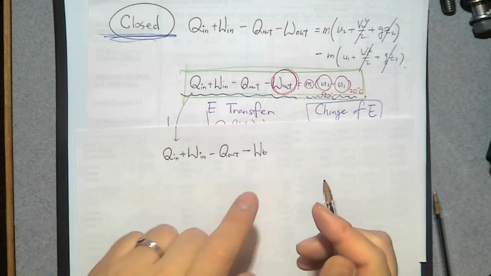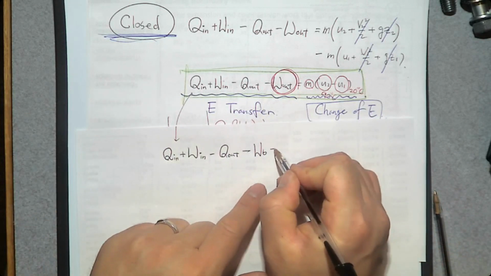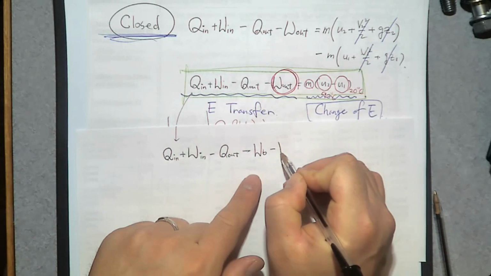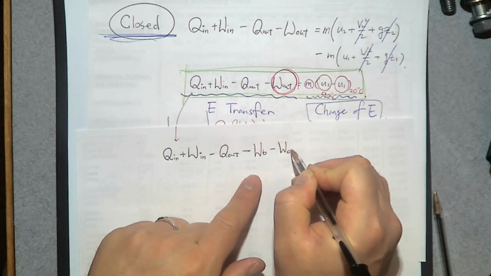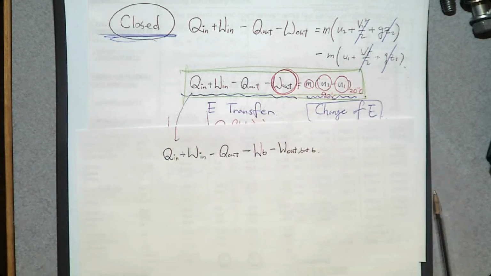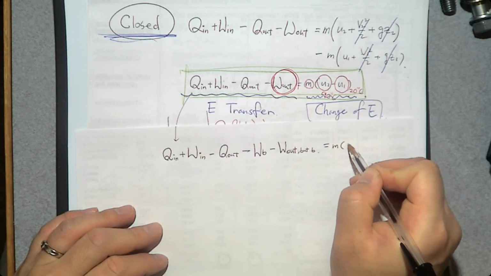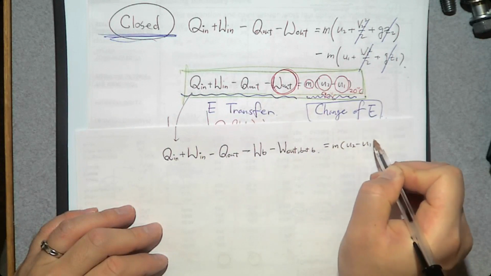And this might not be the only energy transfer by work. This may not be the only W out. So we may have another W out. So W out, everything but moving boundary work, B, is mass times U2 minus U1.